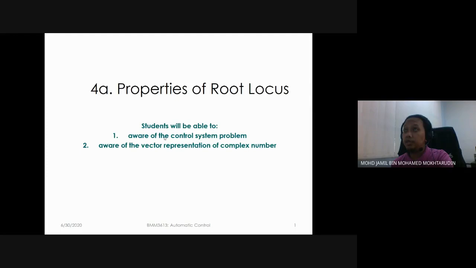We have learned about poles and zeros, and these poles and zeros are in the form of complex numbers, meaning that they can be in terms of j, where j means square root of -1. So it's actually a form of complex number, and we can represent the complex number using a vector. And lastly, we define the root locus, and then we determine the properties of root locus.